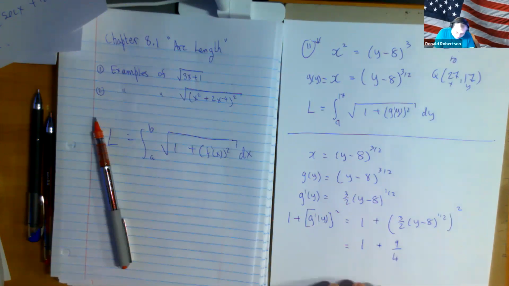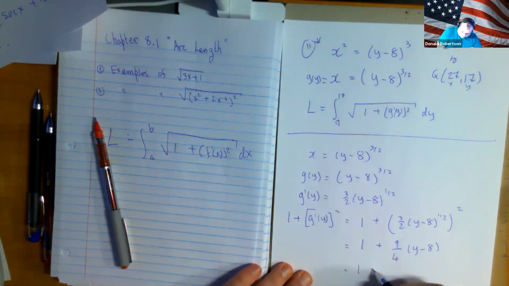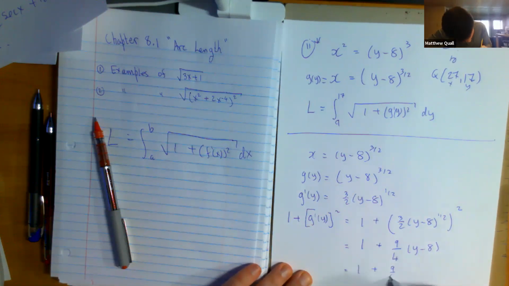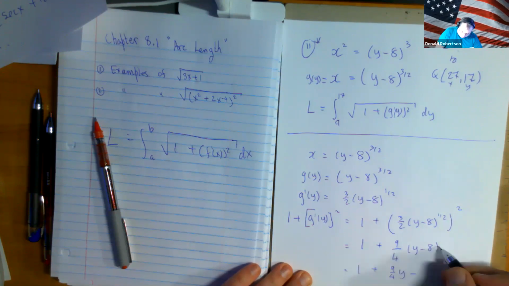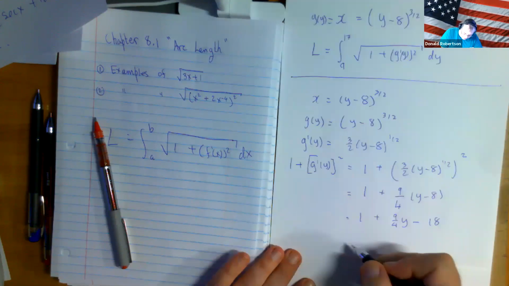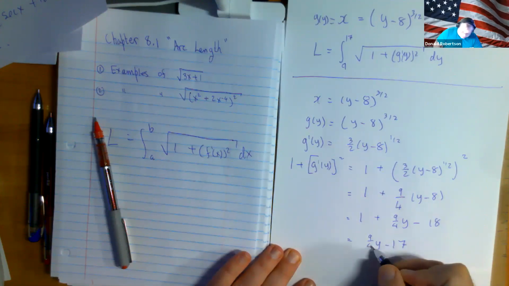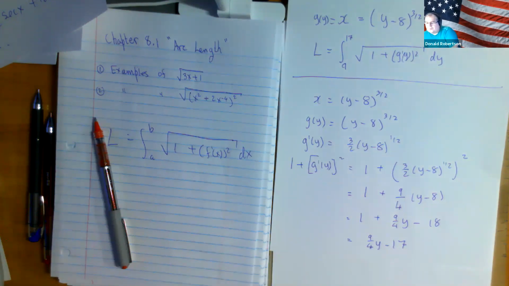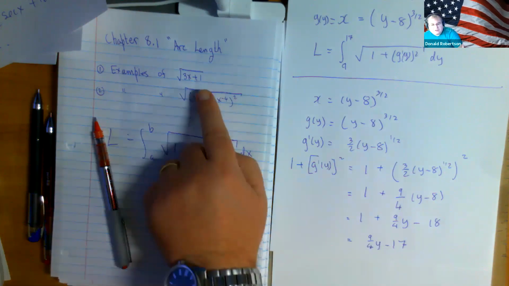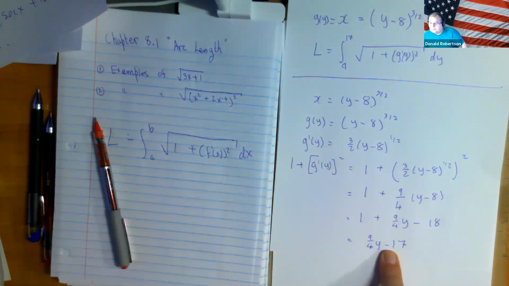Y minus 8. Okay. Now, if I multiply this through, I get this guy, take away 18, and then I end up with that guy. Have you noticed it's not a perfect square? Because I'm now showing you an example where the square root ends up just being a linear term.